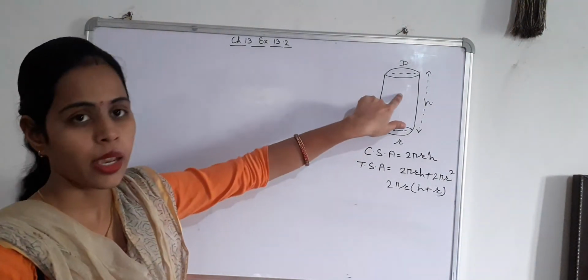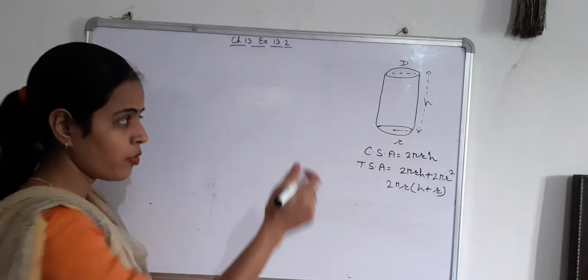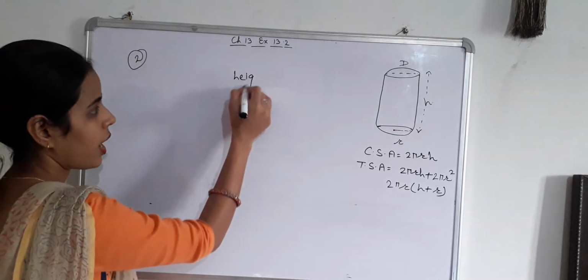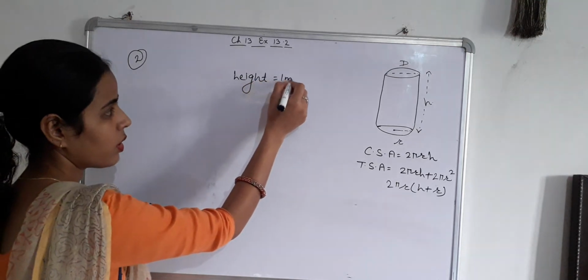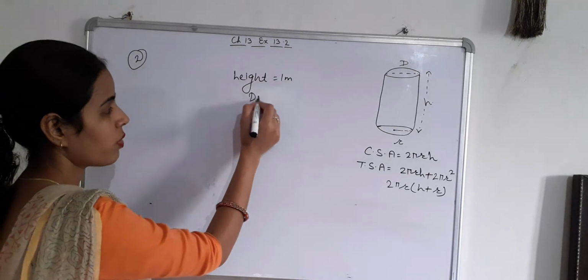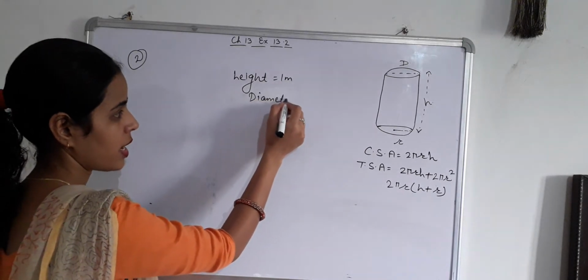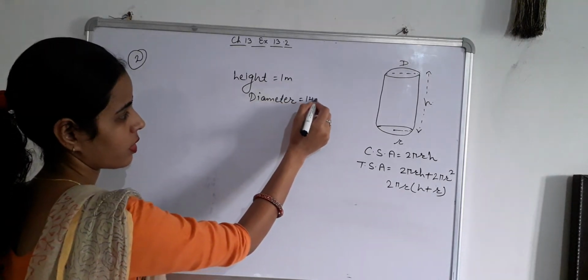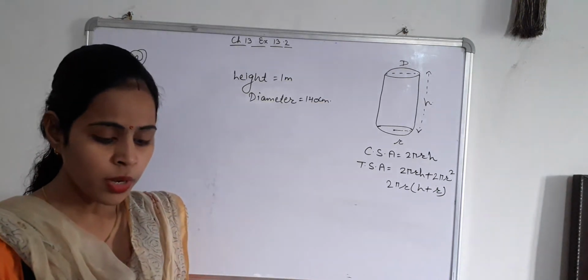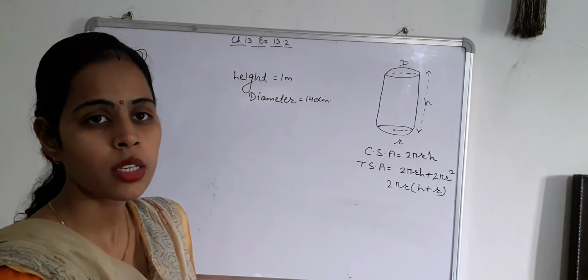A cylindrical tank, height equals 1 meter. Diameter of its base equals 140 centimeter. How many square meter of sheet is required for the same?